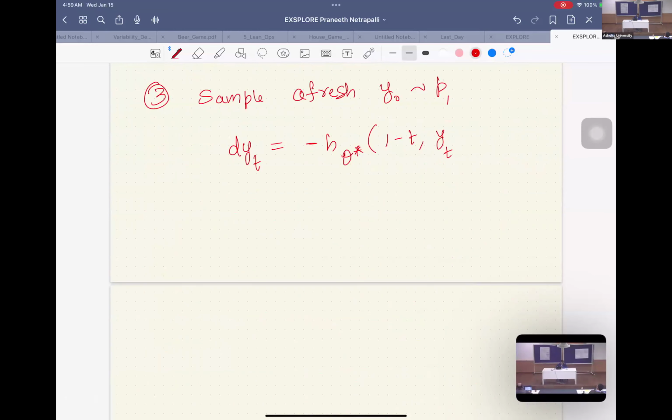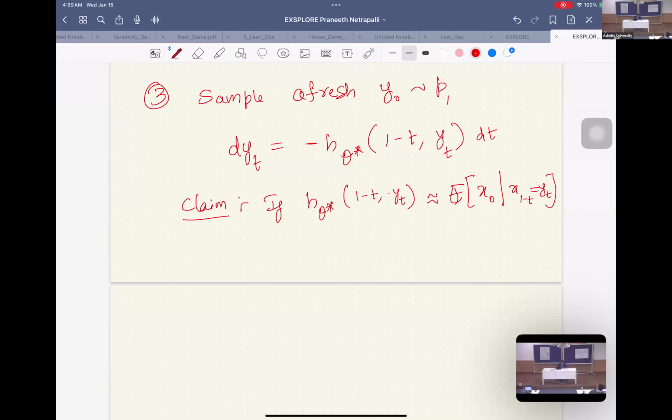So we will have yt. The claim is that if h theta star of 1 minus t, yt is a very good approximation of the expected value of x0 given x at 1 minus t equal to yt, then the distribution of y1 is approximately equal to the target distribution.